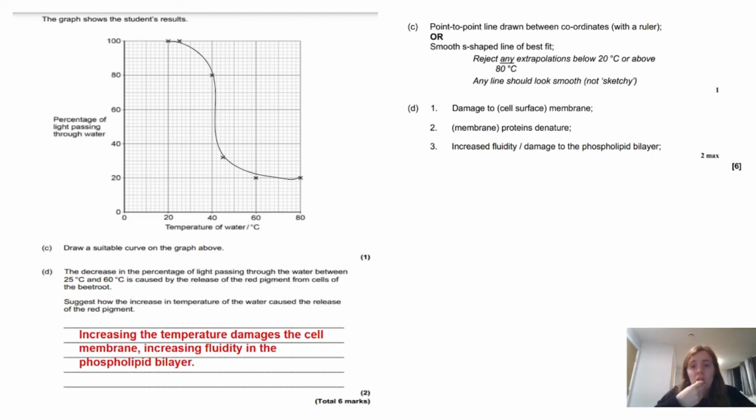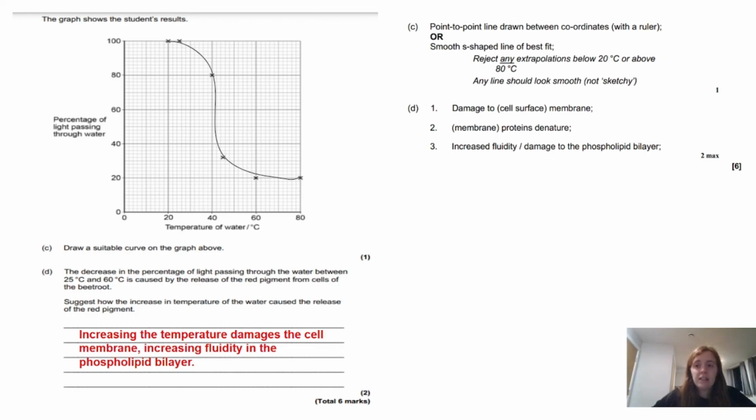So you shouldn't extrapolate, which means carrying the line this way or that way. It says reject. When a question says reject, that means if you put that, you don't get any marks at all for the question, no matter what else you've put. And also your line should look smooth, so not messy or sketchy, like the mark scheme says.